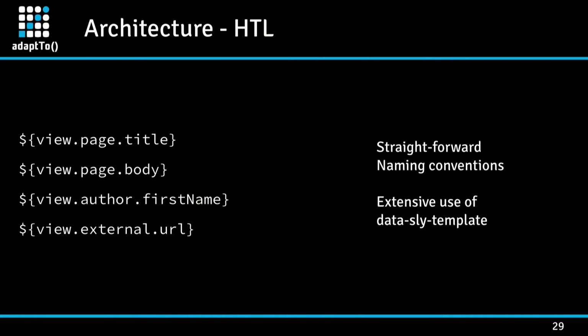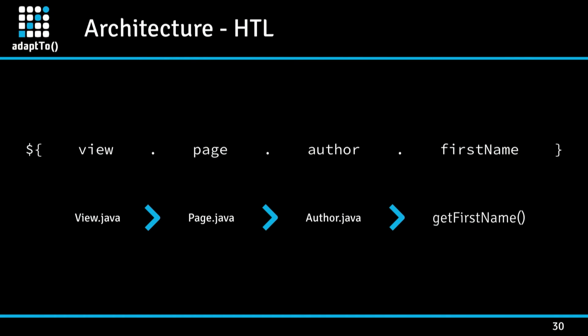So from an HTML standpoint, it's very straightforward and almost human readable. View page title, view page body, view author first name, and view external URL. And so the idea is, view maps to view.java, which adapts to the page, which adapts to the author, and then you have the method get first name, and there you go.